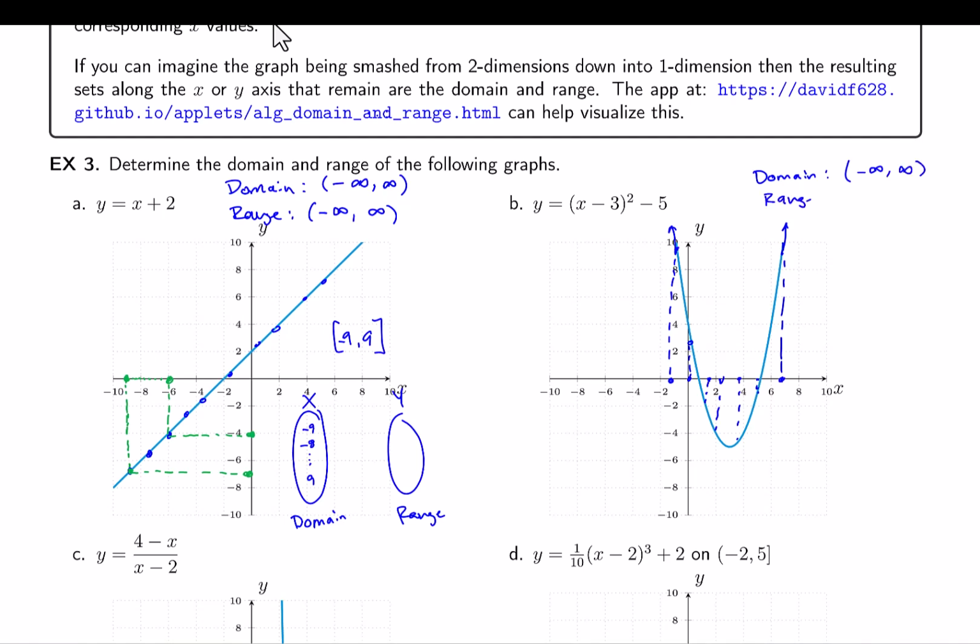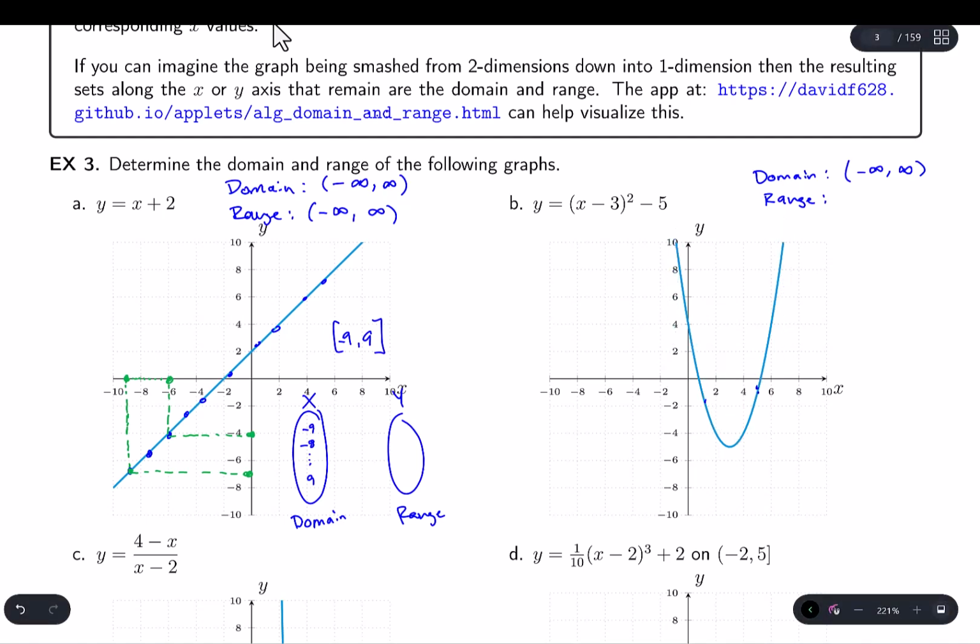The range, however, let me erase some of these markings here, is a little bit different. If I pick any value along the y-axis, say positive 2, there is a corresponding value in the x. Eventually I run into the graph. If I choose negative 4, that's fine. I run into the graph.